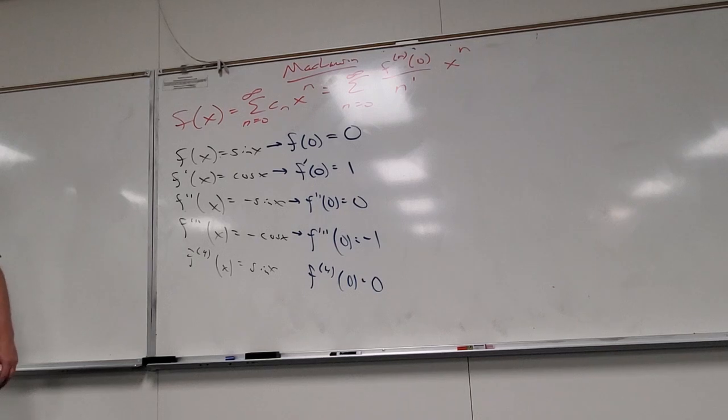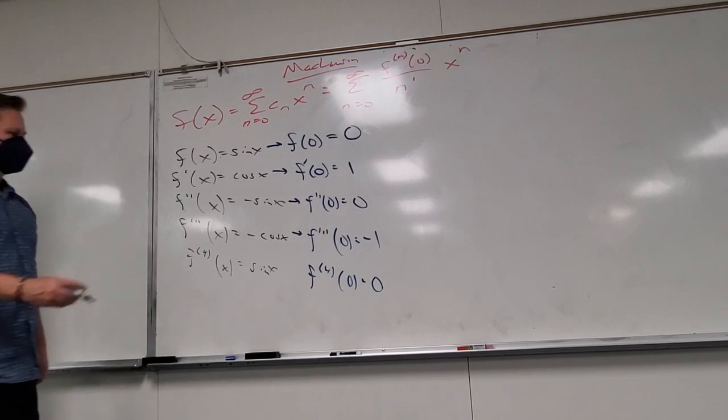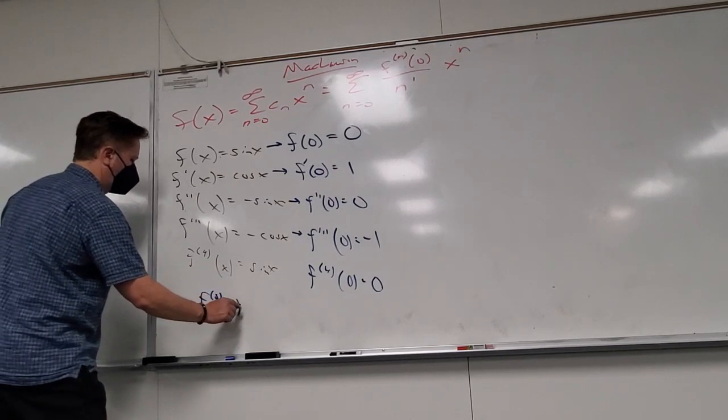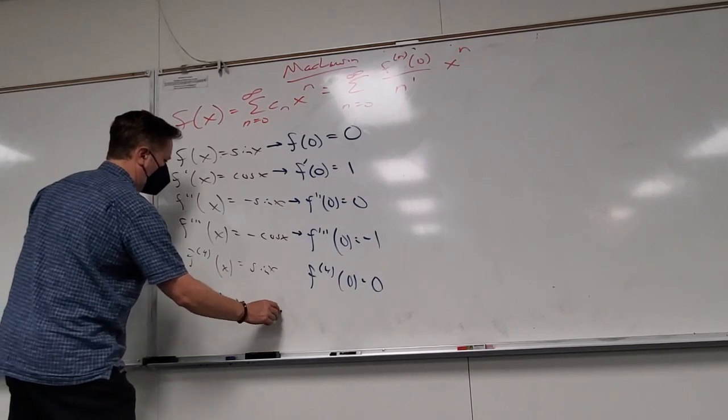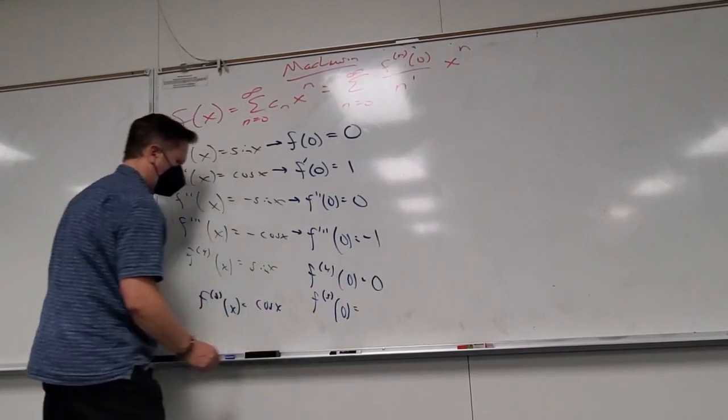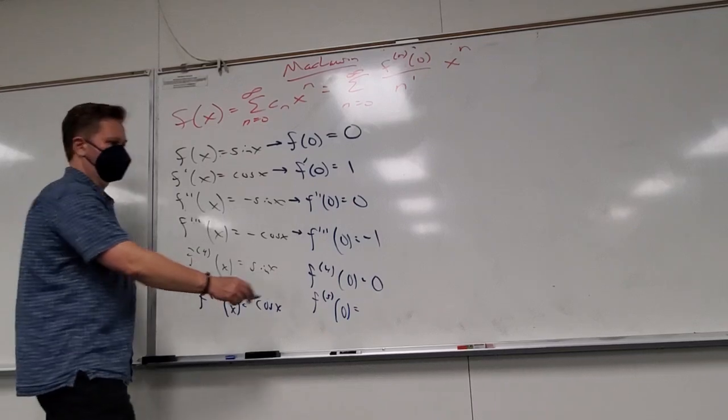That's kind of a strange thing so far, but it's kind of beautiful because, for example, the fifth derivative of sine x, what is it at 0? It's 1 again now, right?